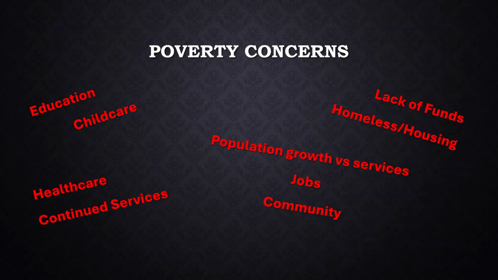So there are some poverty concerns. Look at your own community. Some are education. Can people get enough education? Are our kids that are in Title I schools getting the same opportunities as those that may be getting private school educations or go to a more predominant public school in the area?